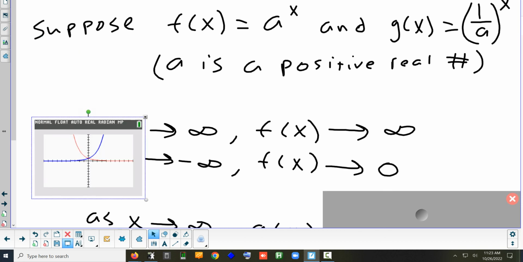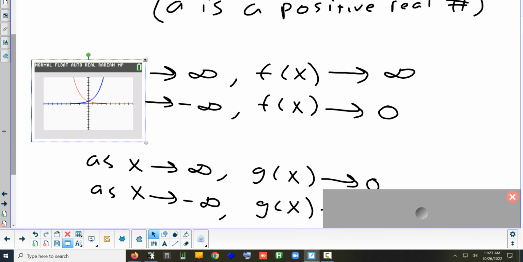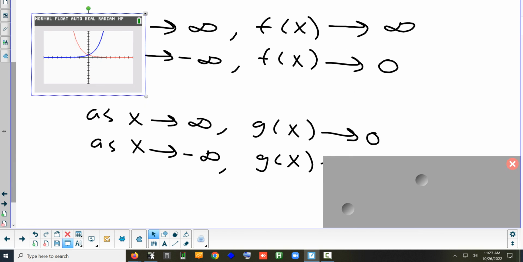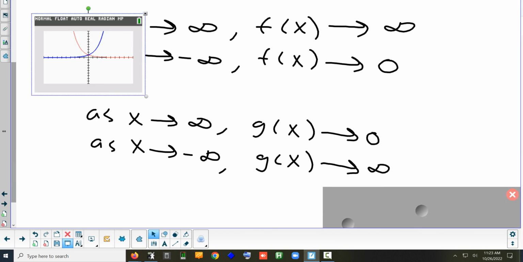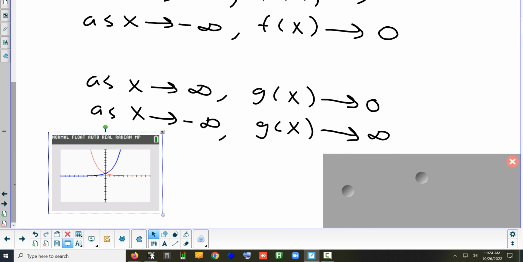Now, how about for the red one? As you head to the right, what happens on the red one? 0. You go to 0. How about as you head to the left? We go to infinity. So what we're really looking at here is the difference between exponential growth and decay. You've seen both in that graph.